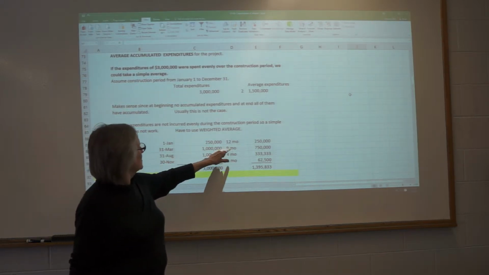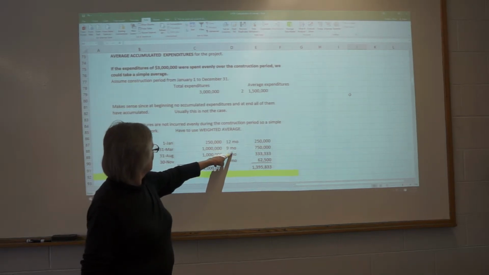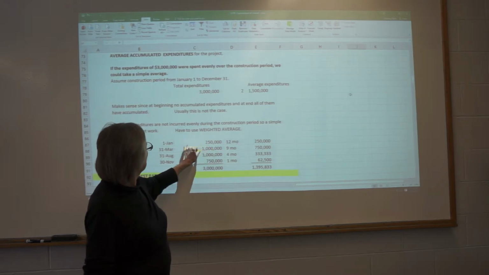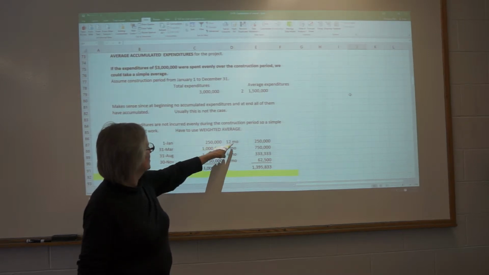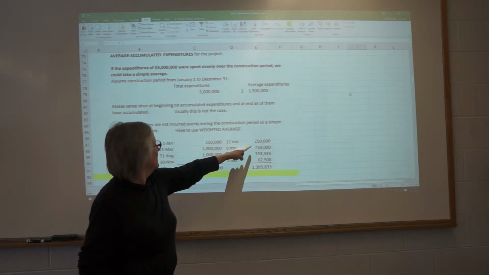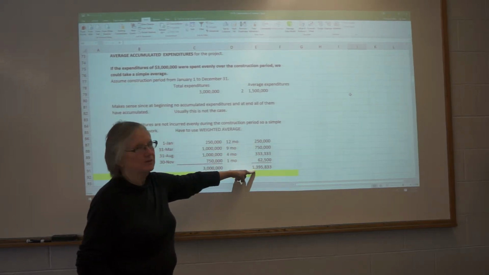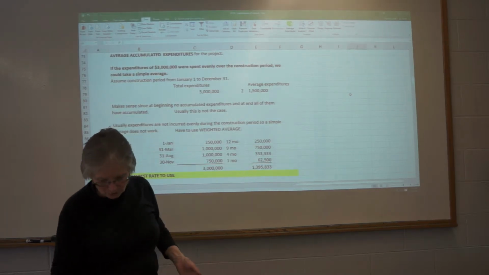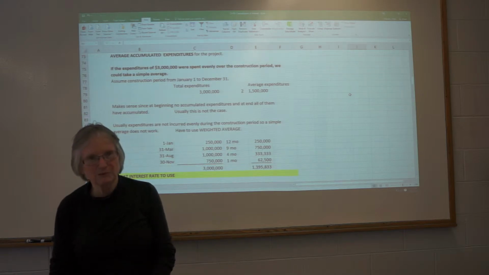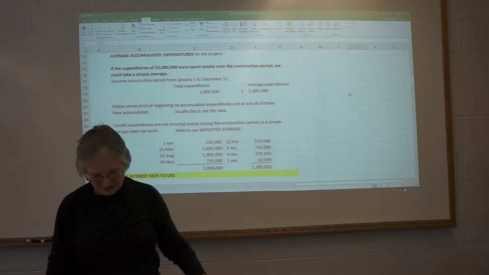And so this is out for 12 months, this is out for 9 months, 4 months, and 1 month. You take the expenditure times the number of months that it's incurring interest costs, and when you add it all up, you get the weighted average accumulated expenditures. Fairly straightforward math, but working through a couple of problems will probably be helpful on that.